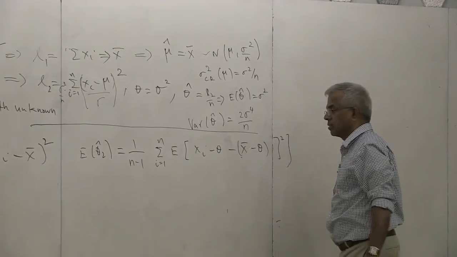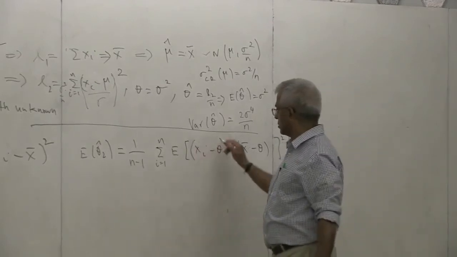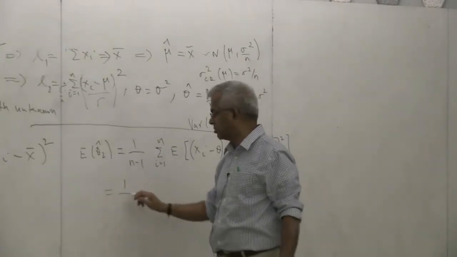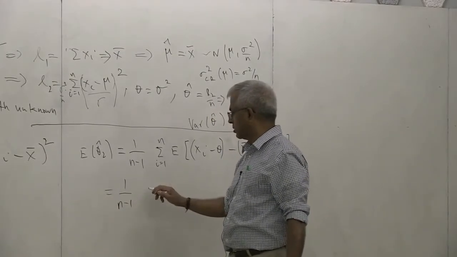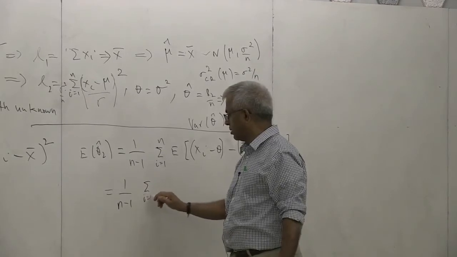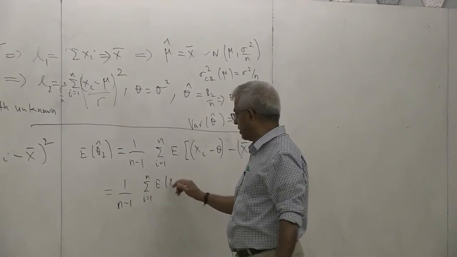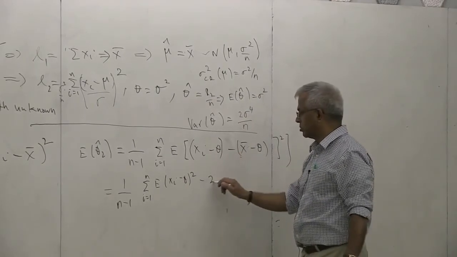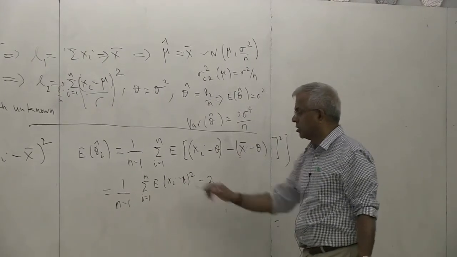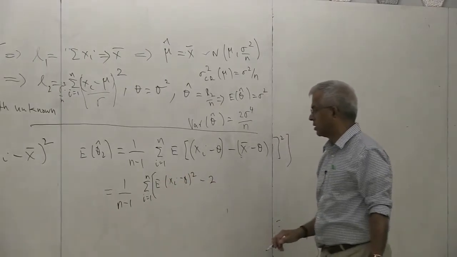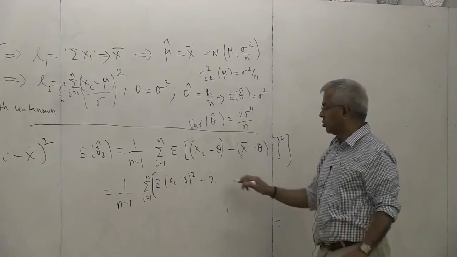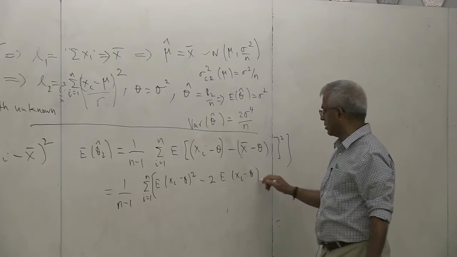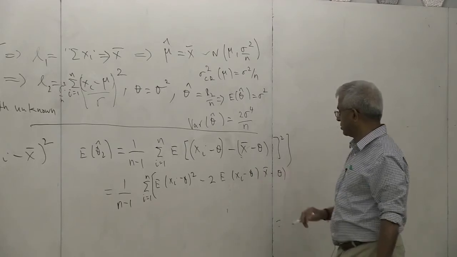So you see theta goes away, right? If I expand it, there will be 3 terms. The first term is summation i equal to 1 through n, expected value of xi minus theta, the whole squared, right? First squared. Then minus 2, summation is on all of them, right? So minus 2 expected value of xi minus theta multiplied by x bar minus theta.